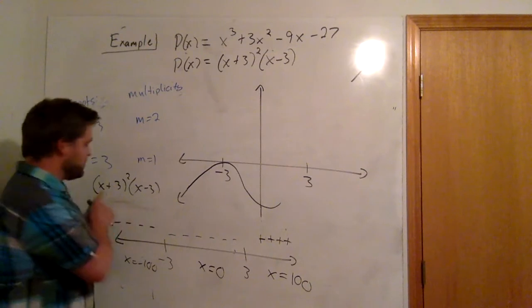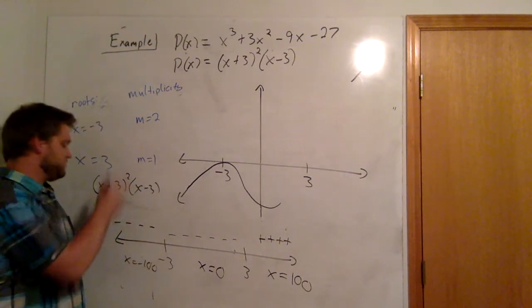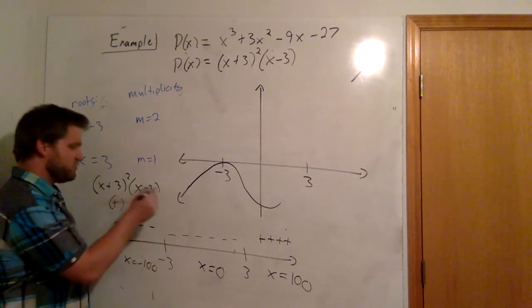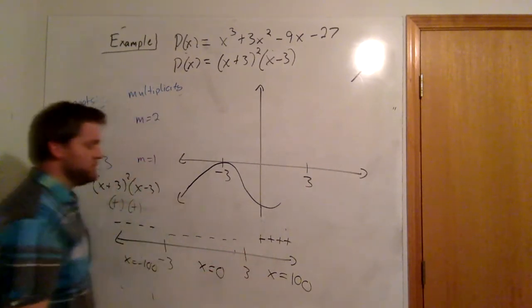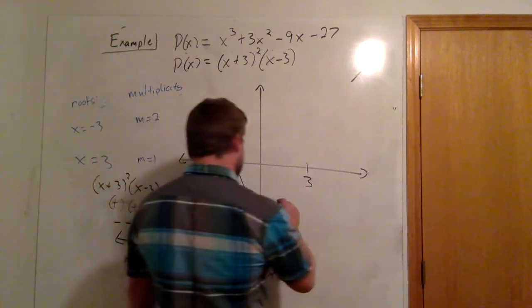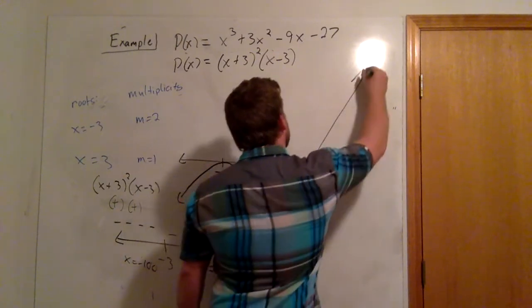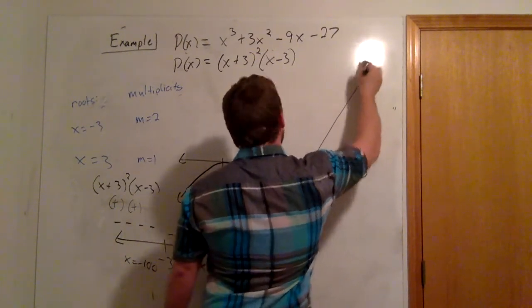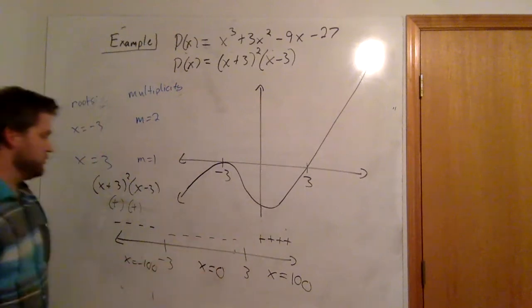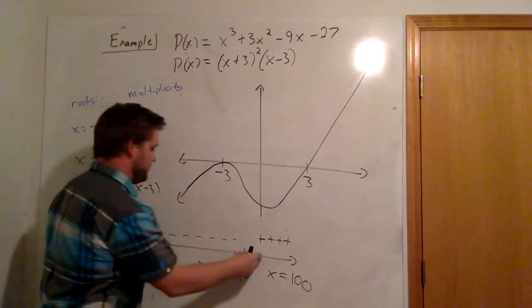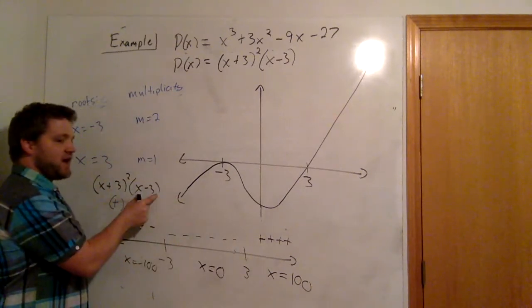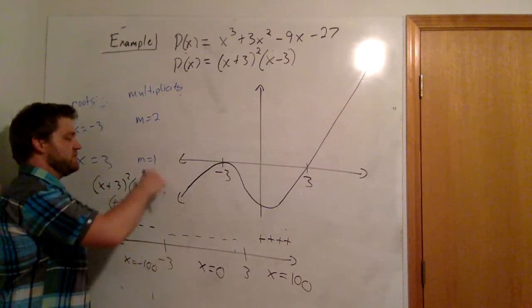If I plug in 100 here, 100 plus 3, 103 squared, that's a positive number. 100 minus 3 is another positive number. It'll be positive. Awesome. Also notice that it had a multiplicity of 1, and it's going to be crossing through. So this piece had a multiplicity of 1, so when I go from here to here, it's got to flip sign because I don't have this as an even power.